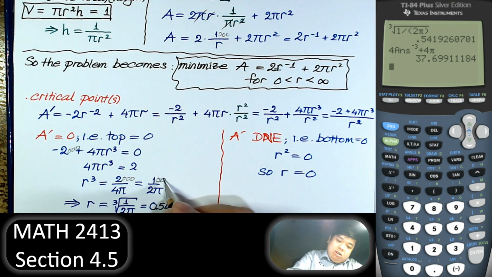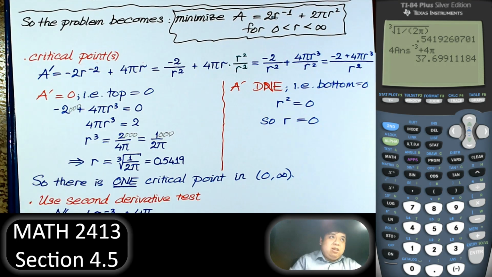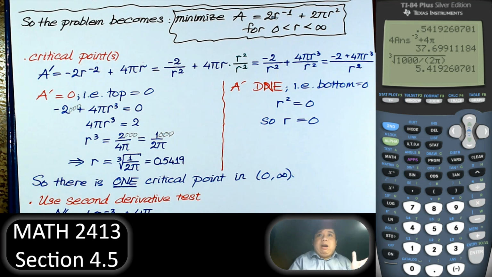Cancel out will be 1000. So if we want to do the math, we take the cube root of 1000 divided by 2 pi. We actually have about 5.4 centimeter.